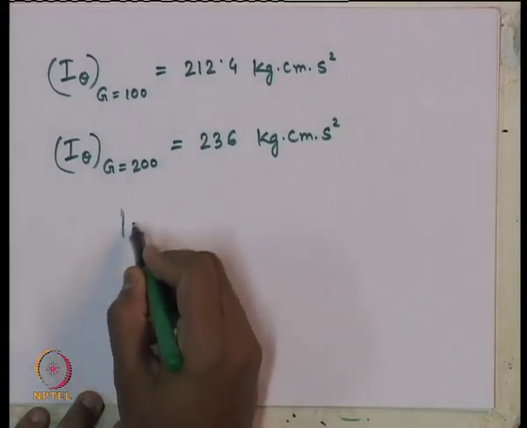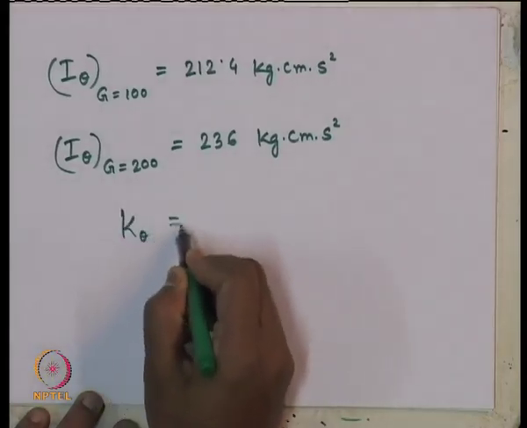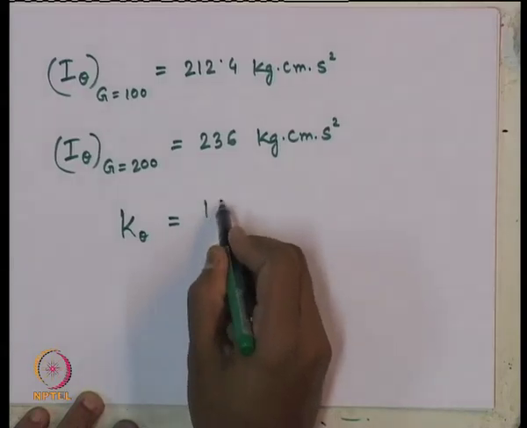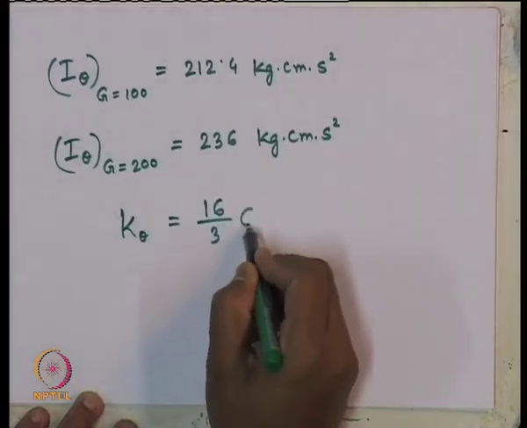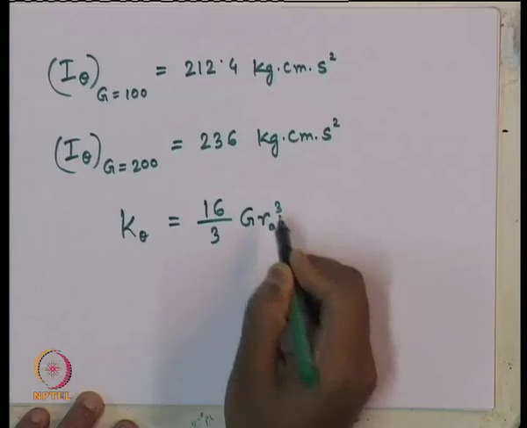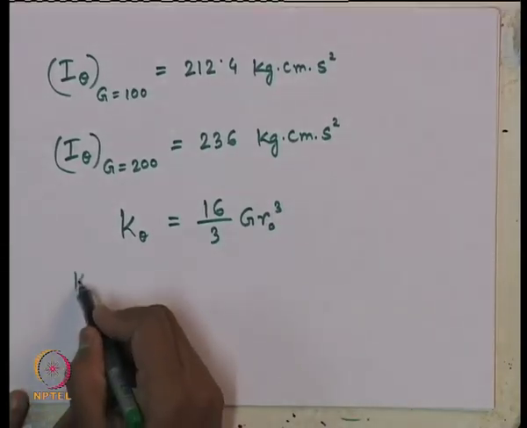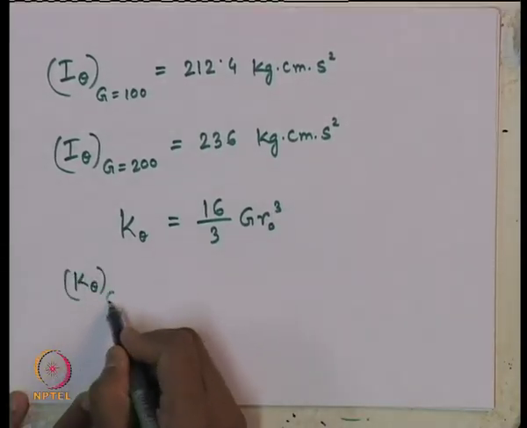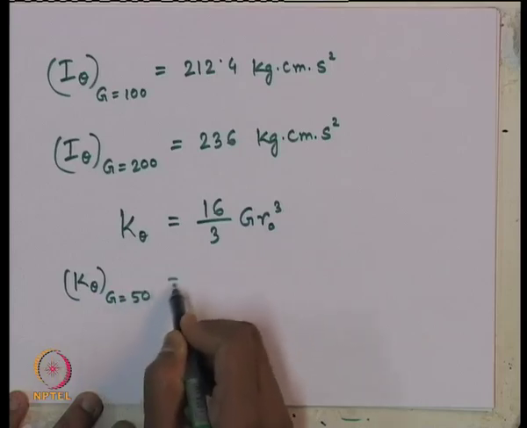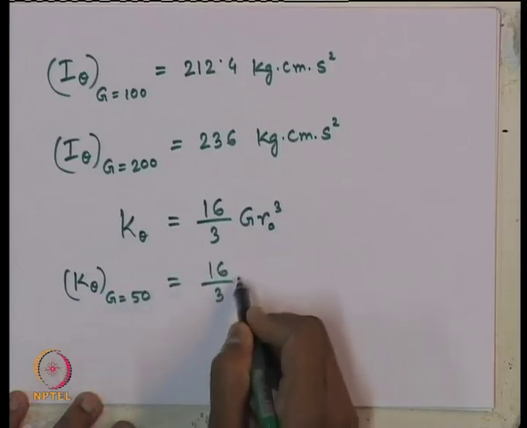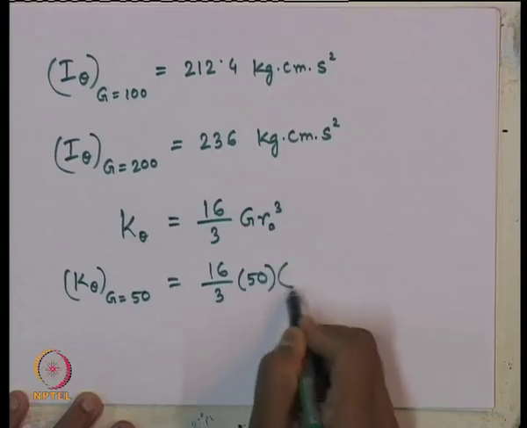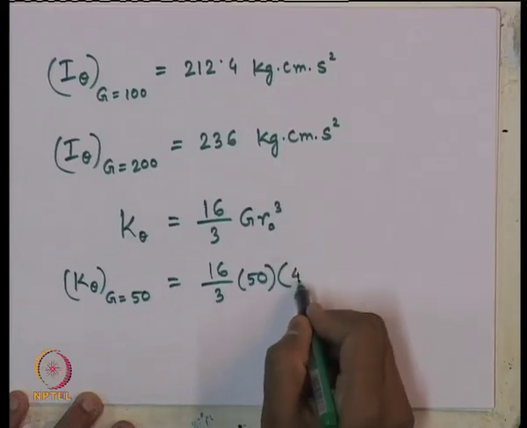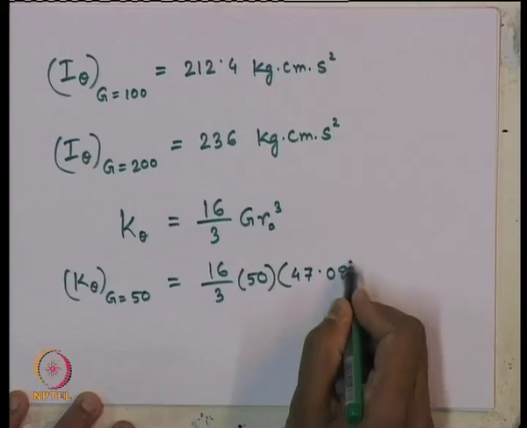Now, next is the expression for k theta, the stiffness, that is 16 by 3 g r naught cube. So, k theta for g equals to 50 will be 16 by 3 into 50, r naught is 47.08 cubed.